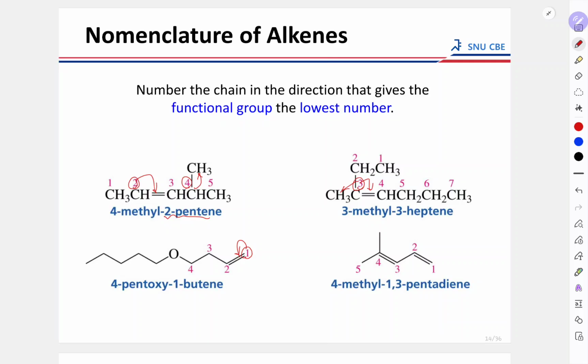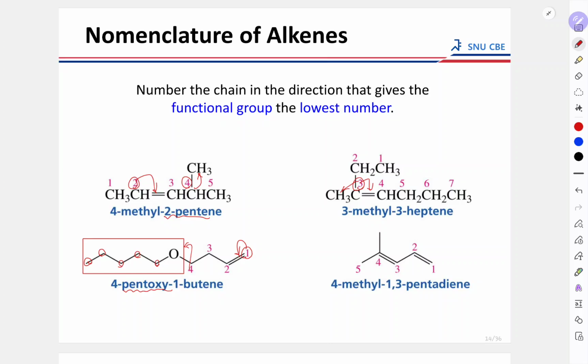We call this a butene, having the alkoxy substituent at number 4, and you have number 1 for the alkene. This has 1, 2, 3, 4, 5 carbons, so this is a pentoxy substituent. So you have 4-pentoxy-1-butene.